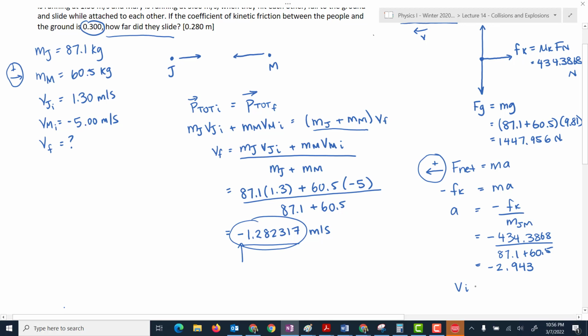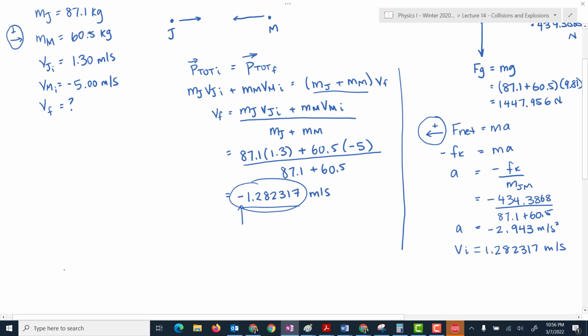So V initial is the positive value now: 1.282317 meters per second. The acceleration we just got above, in meters per second squared. We want to know how far they travel before coming to a stop, so V final would be 0. And we're looking for delta S.